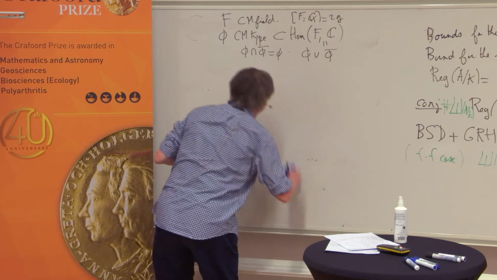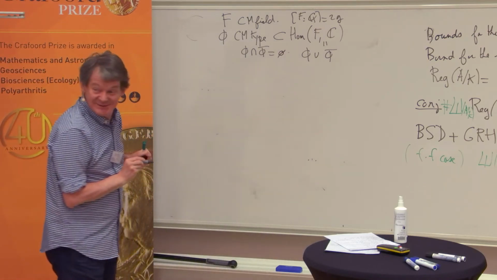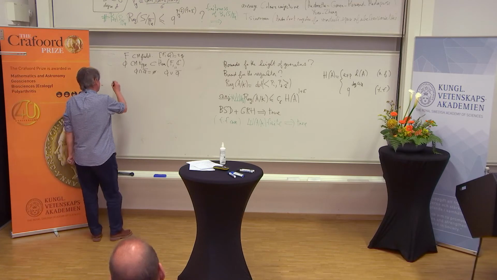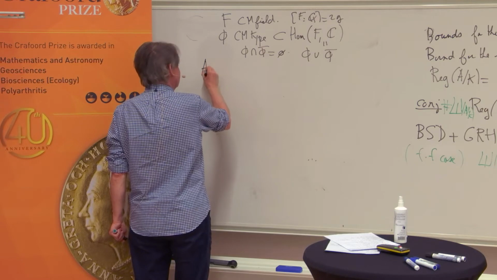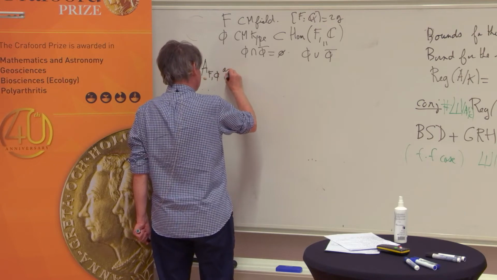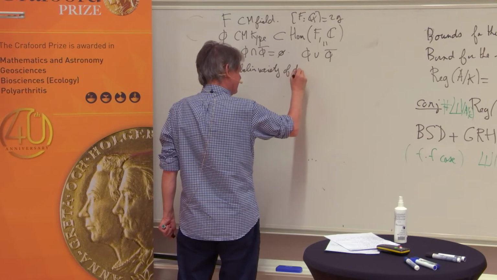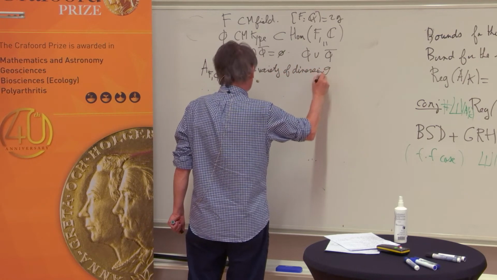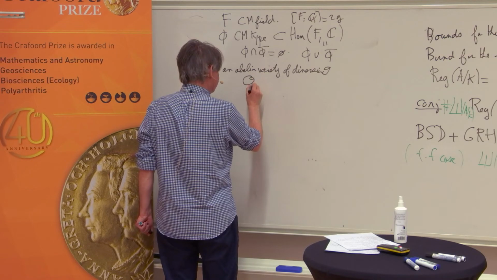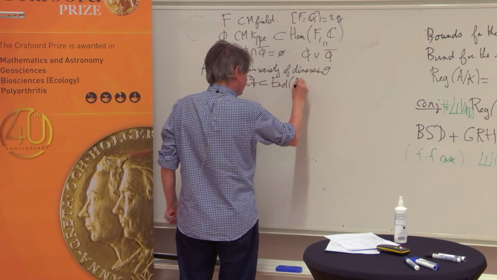I will write it better. Let us call A_{F,phi} an abelian variety of dimension g, with the ring of endomorphisms of A containing O_F.